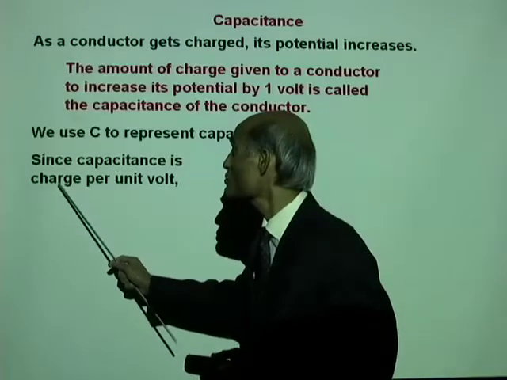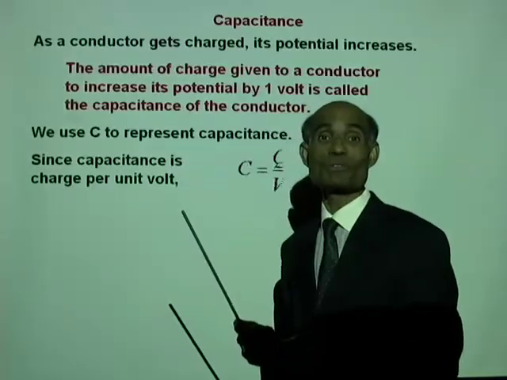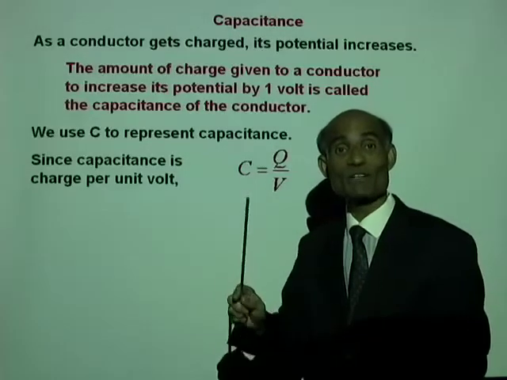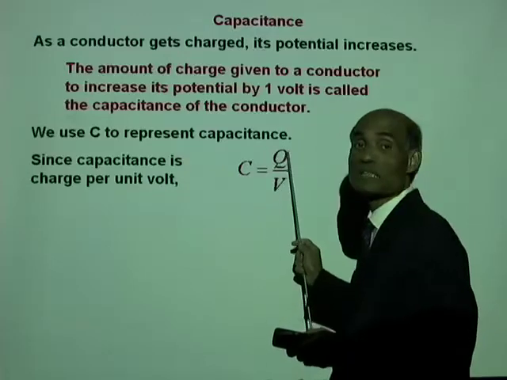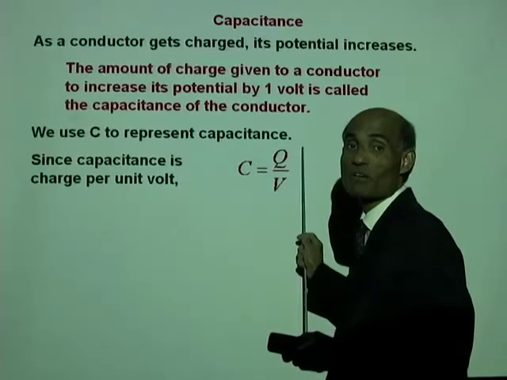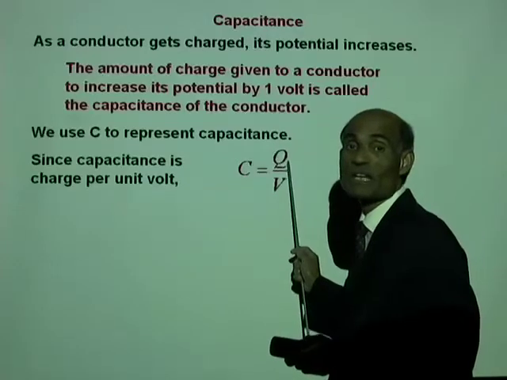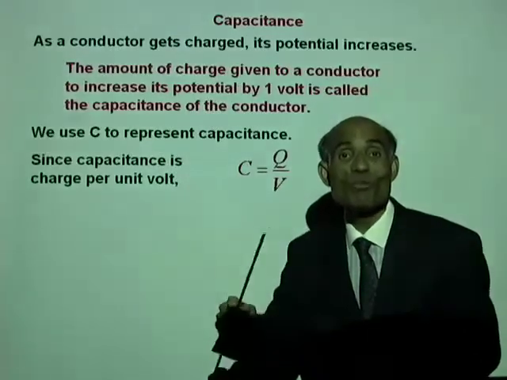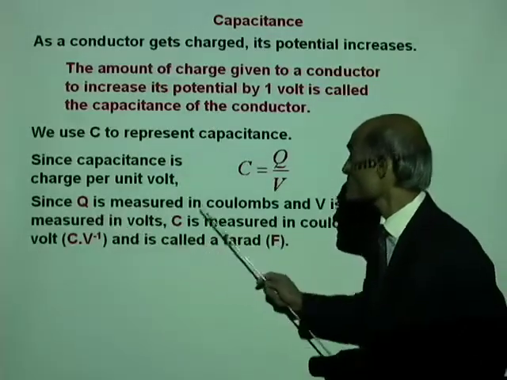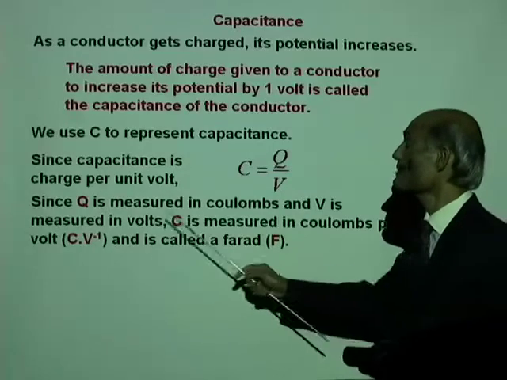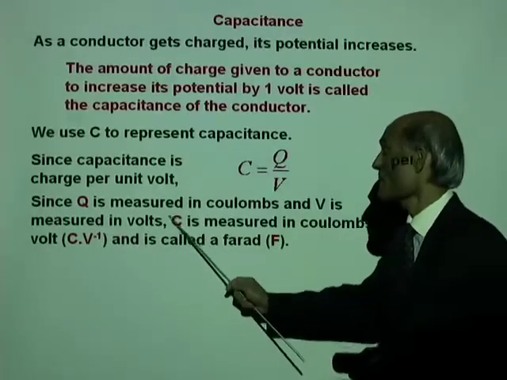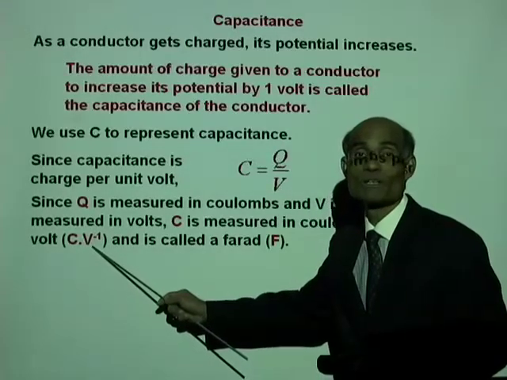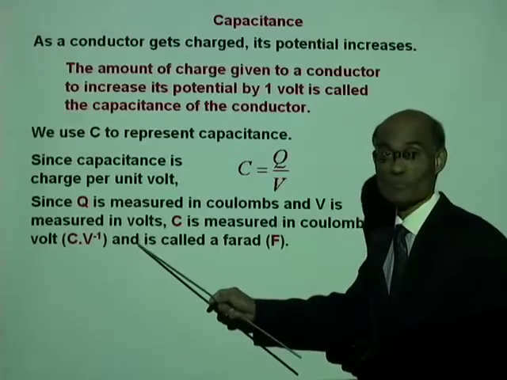Since capacitance is charge per unit volt, we can write an equation for capacitance of a conductor. Capacitance of a conductor is C = Q divided by V, the amount of charge needed to raise the potential by 1 volt. Charge per volt. Since Q is measured in coulombs and V is measured in volts, capacitance C is measured in coulombs per volt, and it has a name.